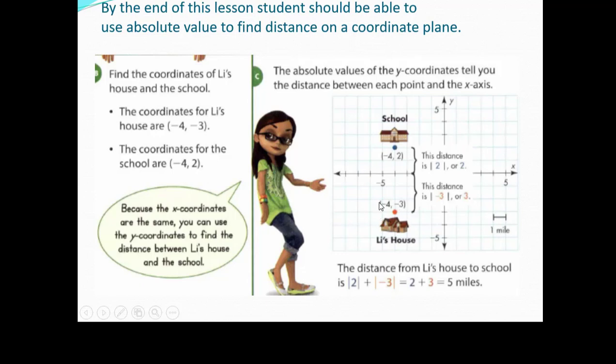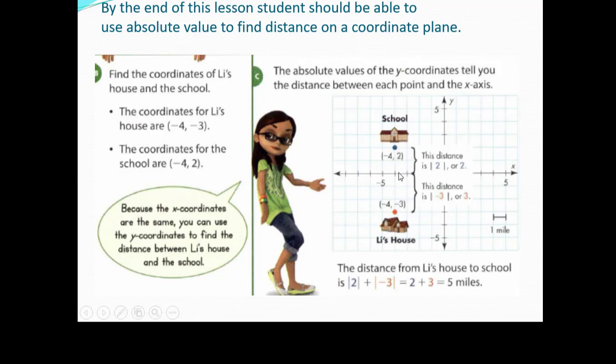So I need to add the absolute values because I was asked to find the distance, and as you know, the distance is positive. So I add the absolute value of the y coordinates: the absolute value of -3, which is 3, plus the absolute value of 2.